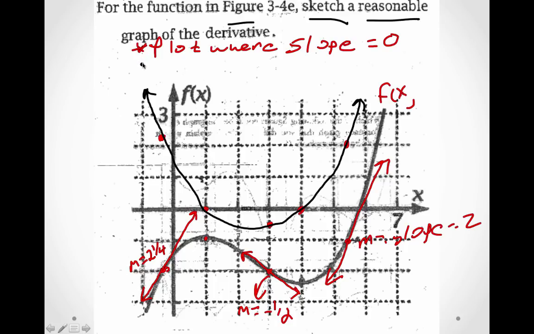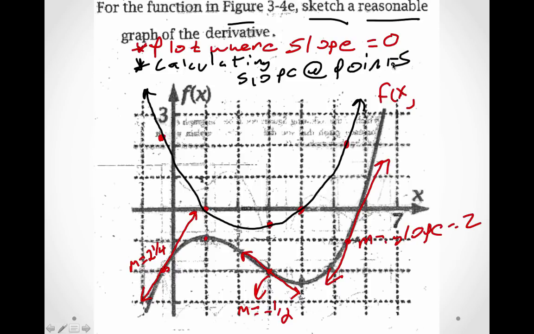So the first thing we're doing is plotting where the slope is 0, and then we are calculating the slope at select points. So obviously you could see this in an AP setting where you're not going to have your calculator.